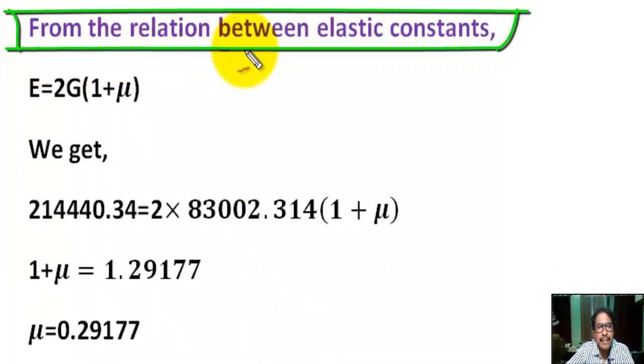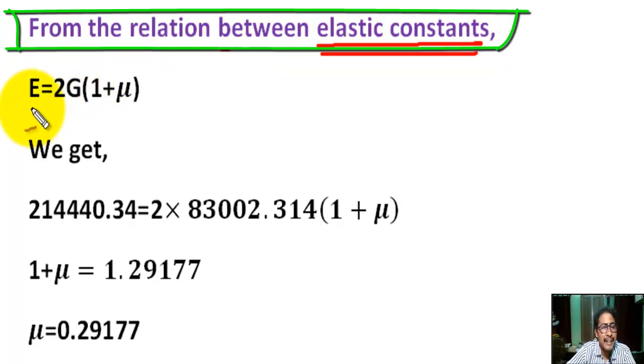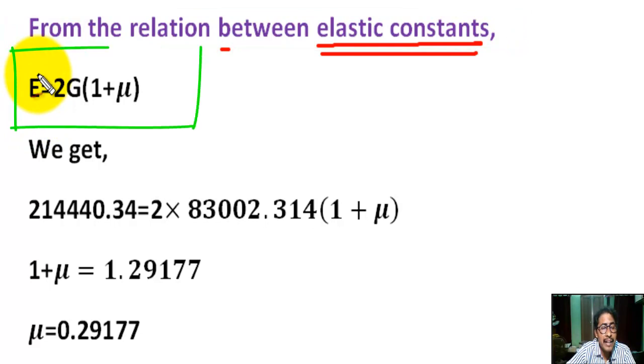Now, from the relation between elastic constants, here E is the Young modulus, G is the modulus of rigidity, mu equal to Poisson's ratio.